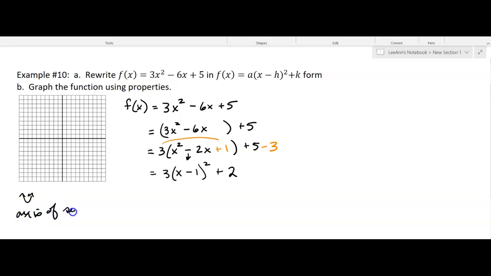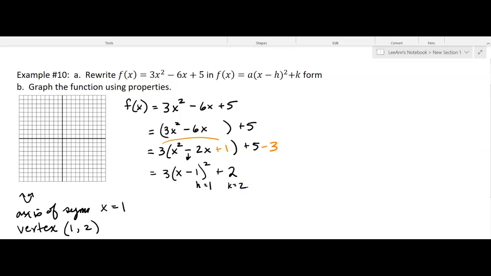Can't spell it, but I know it, is going to be x equals 1, because h is 1, okay? And then the vertex is going to be at (h, k), so (1, 2). So the k is 2.